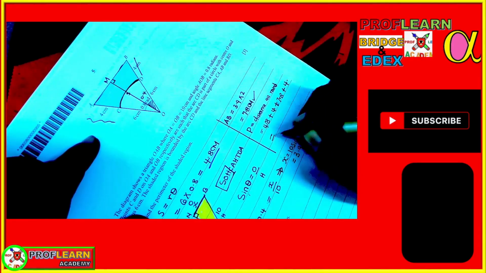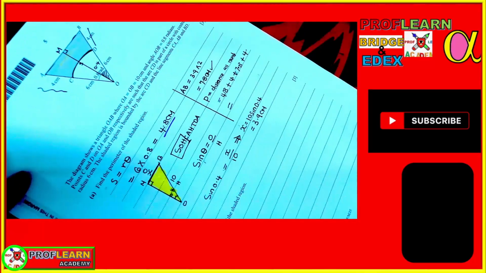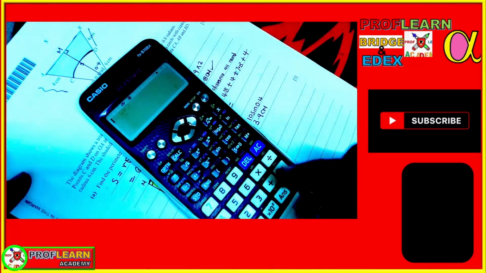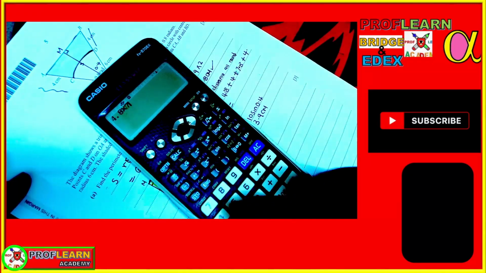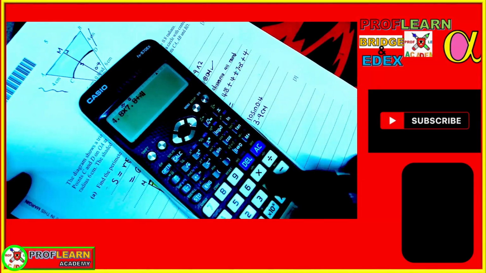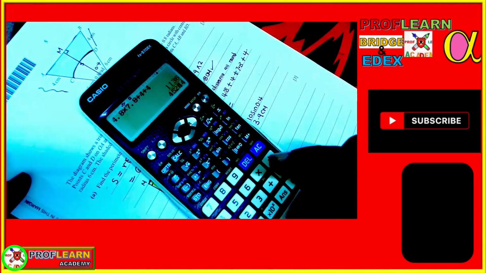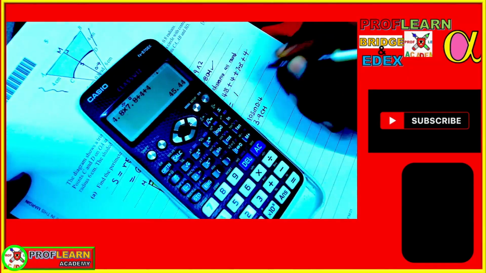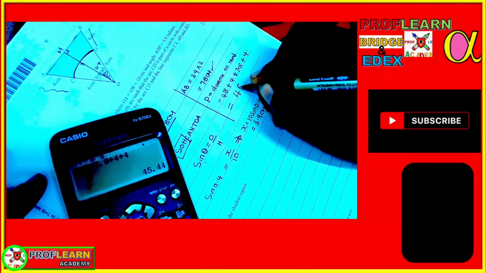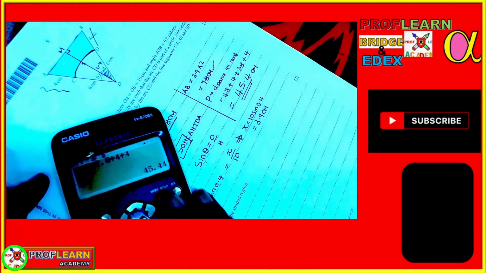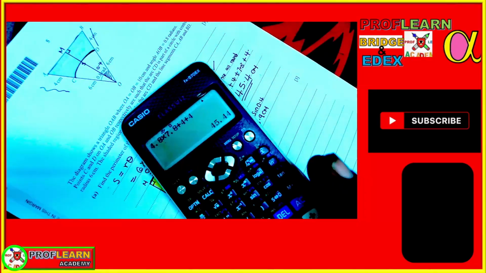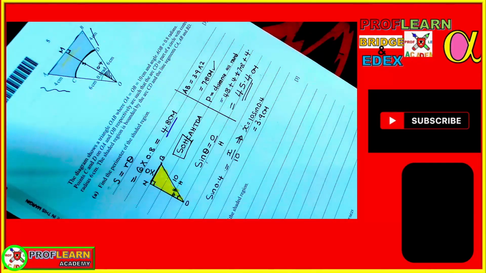So if we add all the distances, 4.8 plus 7.8 plus 4 plus 4, which translates to 45.4 centimeters as the perimeter of the shape.